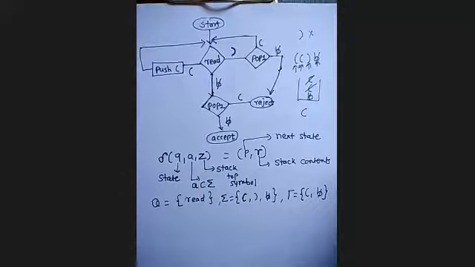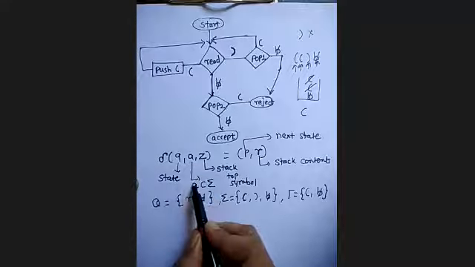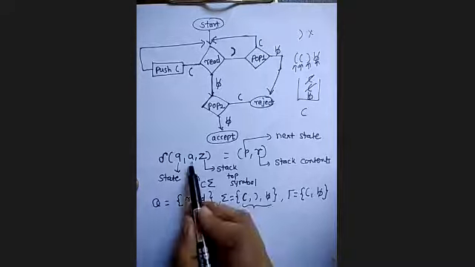Okay, so what possibilities can there be here? See, our input alphabet has 3 symbols, so here there are 3 possibilities.